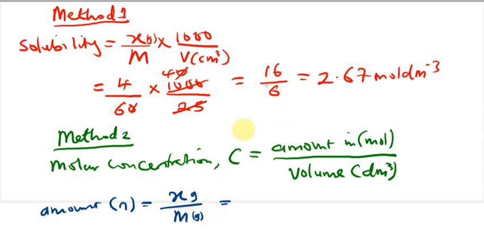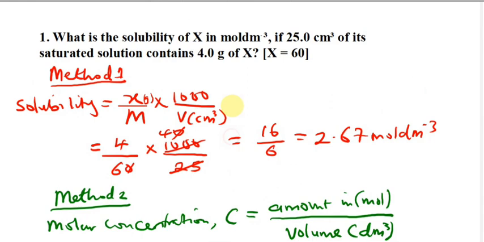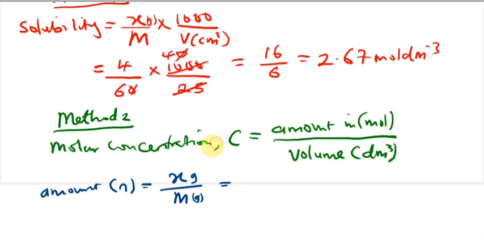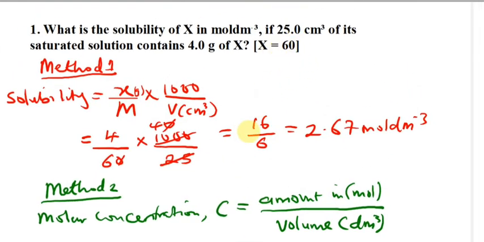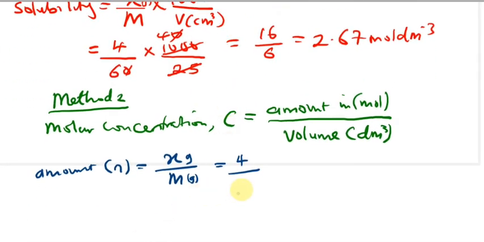So the reacting mass from the question is 4. So you have 4 divided by the molar mass, 60, and that will be equal to 0.067 approximately moles.